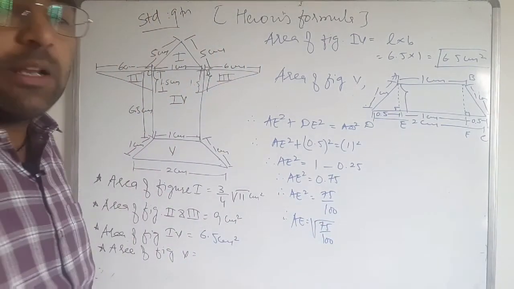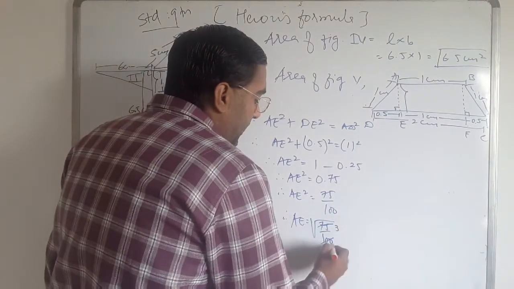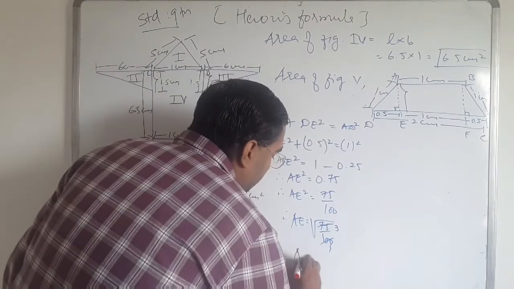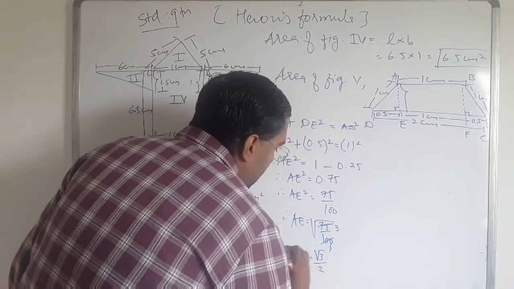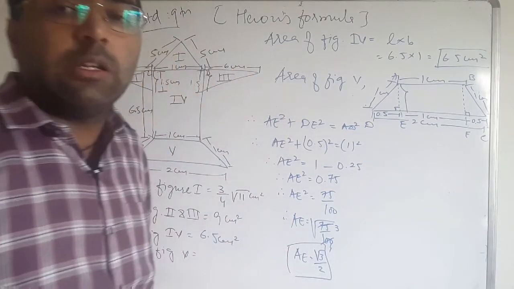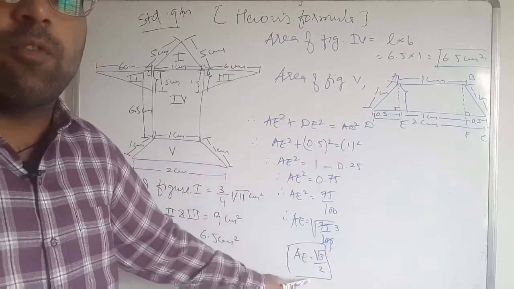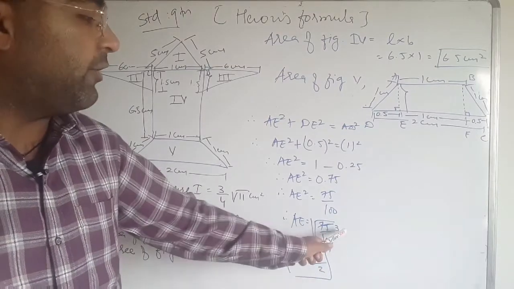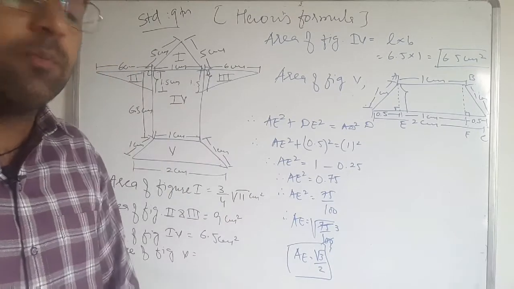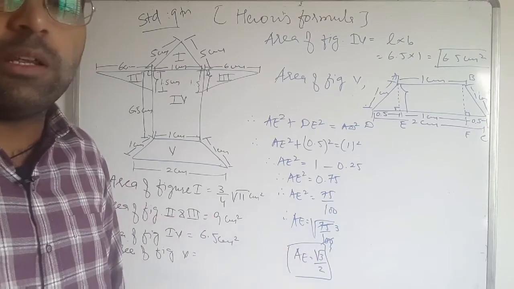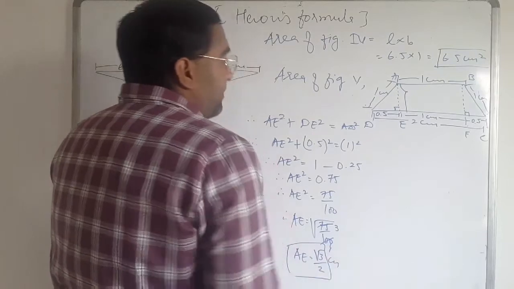First of all you cancel out 25: 25 threes are 75, 25 fours are 100. So the length of AE is root 3 by 2, because in the denominator the square root of 4 is 2, and in the numerator we have 3. We can't simplify root 3, so we take root 3 as it is. Root 3 by 2 centimeter.